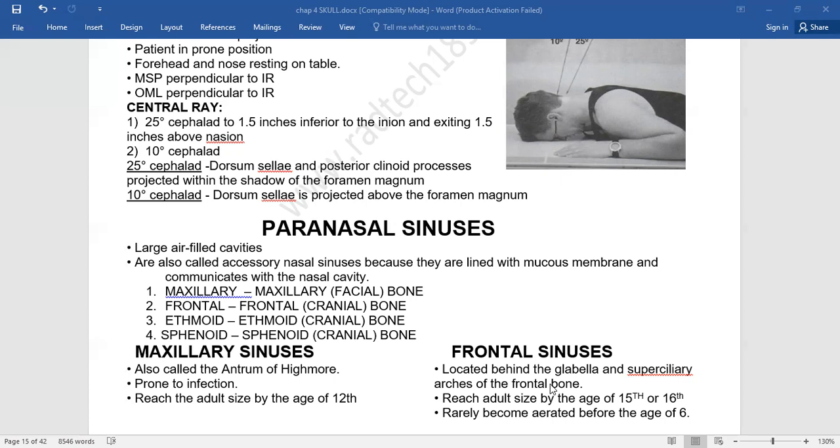So PNS are also called accessory nasal sinuses because they are lined with mucous membrane and they communicate with the nasal cavity. So meron tayong different paranasal sinuses. Meron tayong maxillary sinuses, frontal, ethmoid, and sphenoid sinuses.